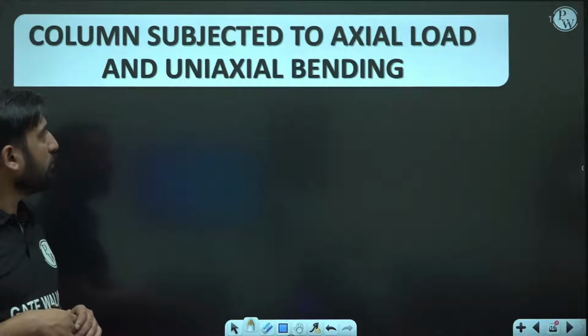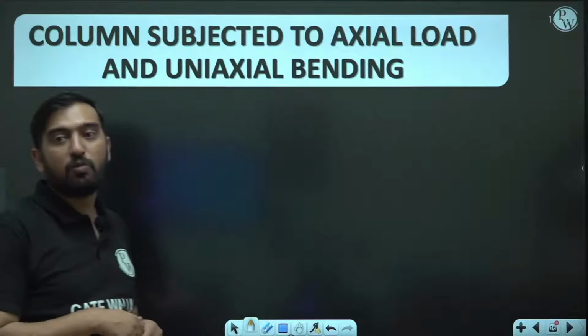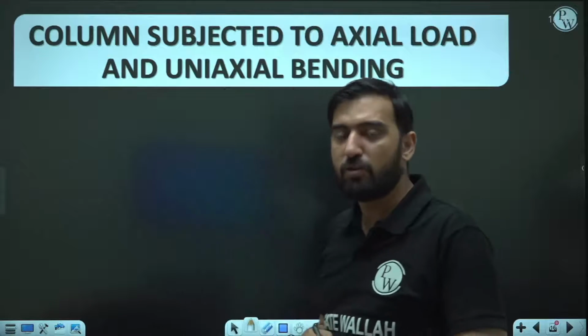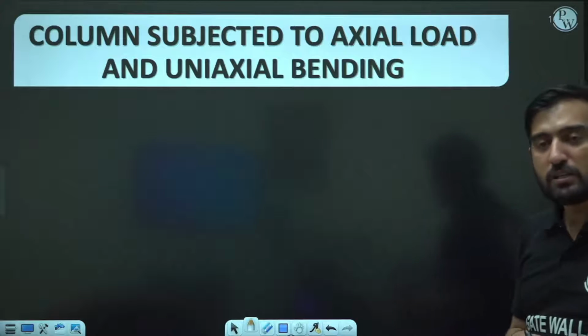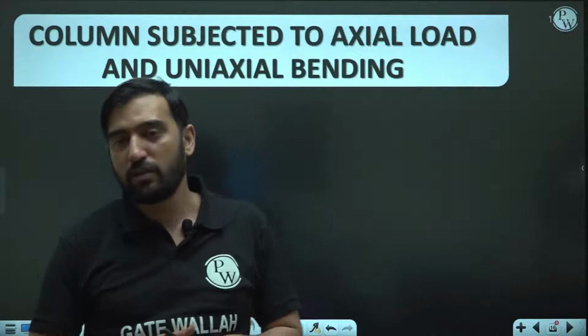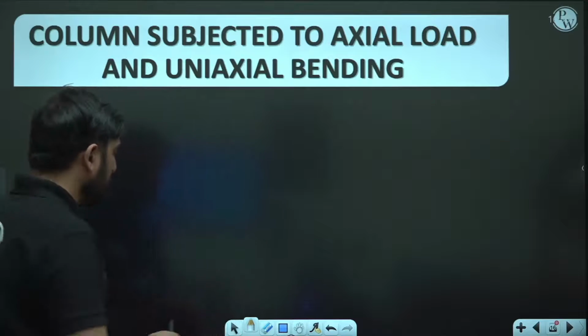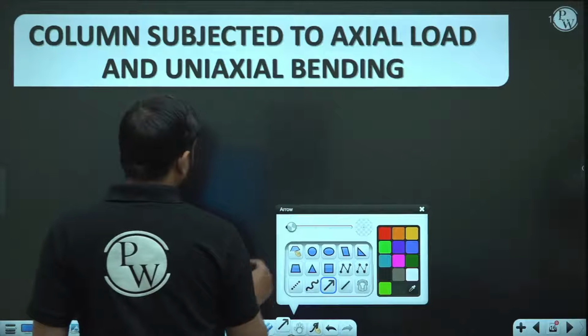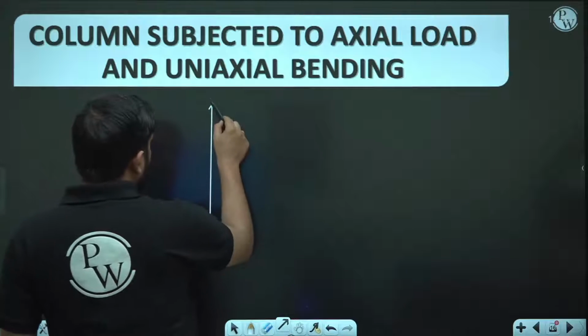Now, what would happen if the column is subjected to axial load along with uniaxial bending? Such designs we will be performing by using interaction curves. The interaction curve will look like this.